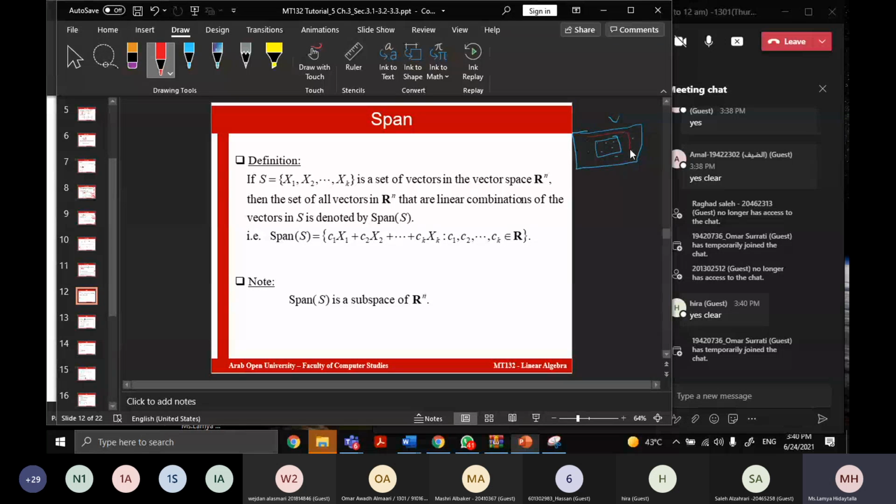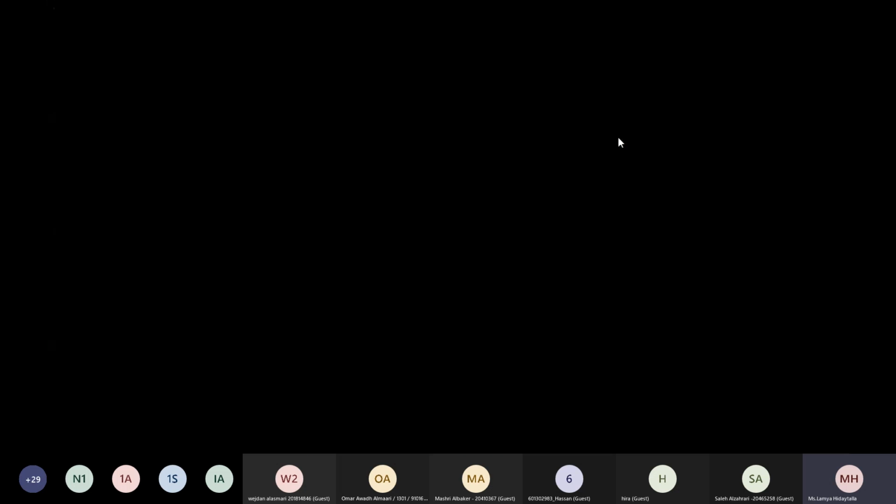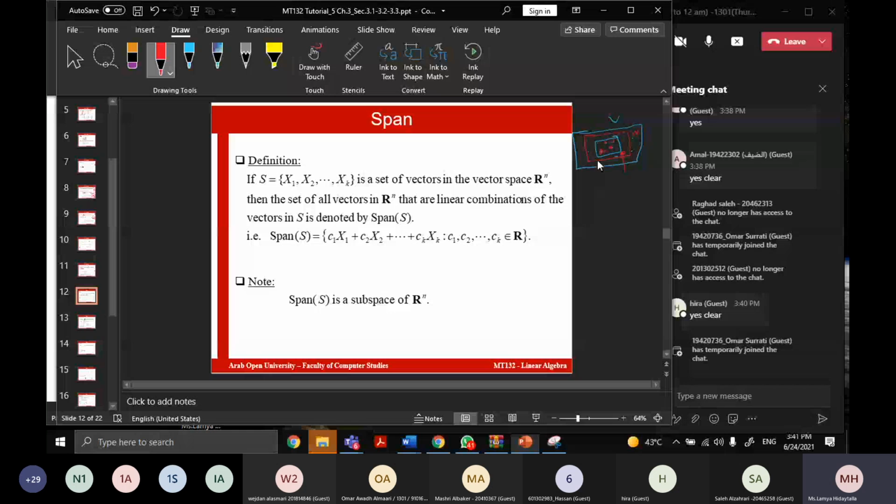So you will get, for instance, this space, call it W. How do the elements of this space look? They are linear combinations of these elements.